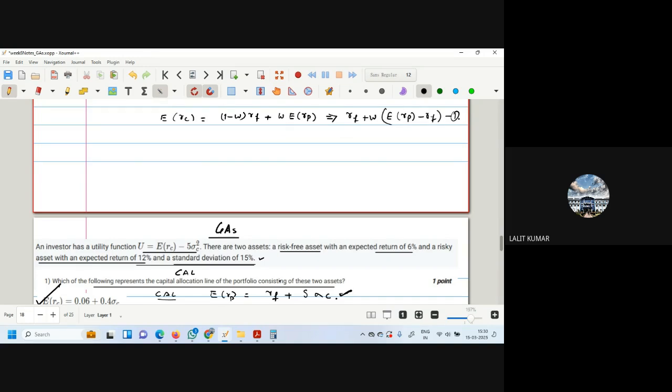Second, S is equal to ERP minus RF divided by sigma of P. Now you put it here, so this will become RF plus W into S into sigma of P. But you also know that sigma C is equal to W into sigma P. So you replace it, and this will become S into sigma C. And this is your CAL equation. Is this okay?